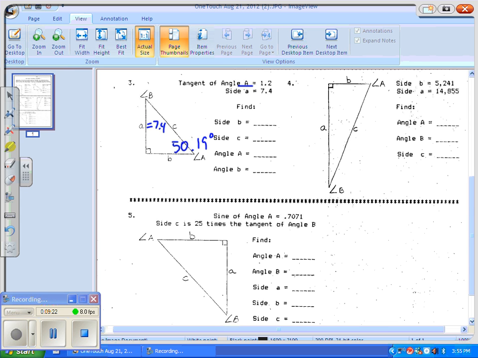Okay. So what we have now, what side do we have? If angle A is our angle, and it's 50.19 degrees, what side is this over here? If we draw a line right through this angle, this is the opposite.